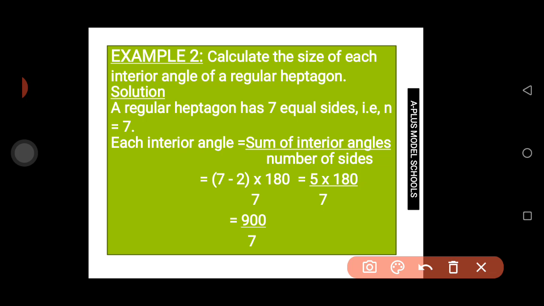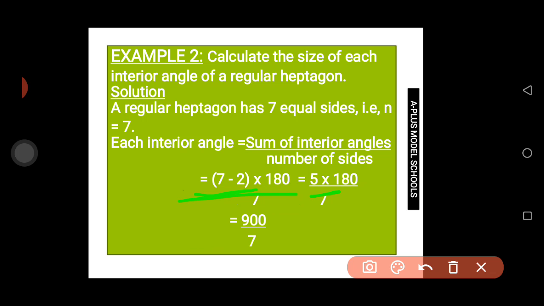Then we divide the result by the number of sides, which is 7. So here we have 7 minus 2, which will give us 5. Then multiplied by 180 degrees. Then divided by 7, which is the number of sides of the polygon.